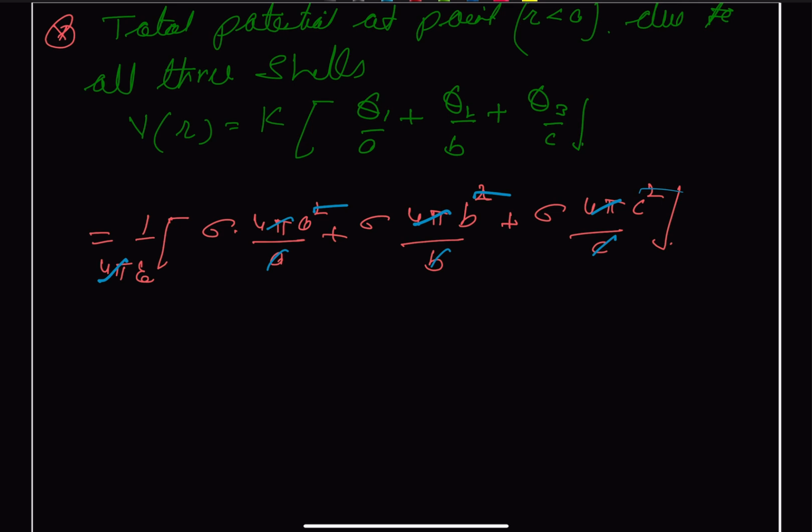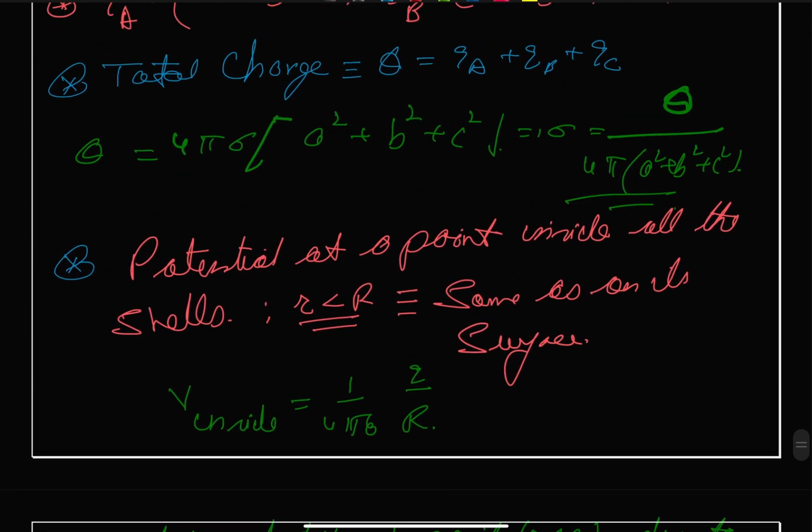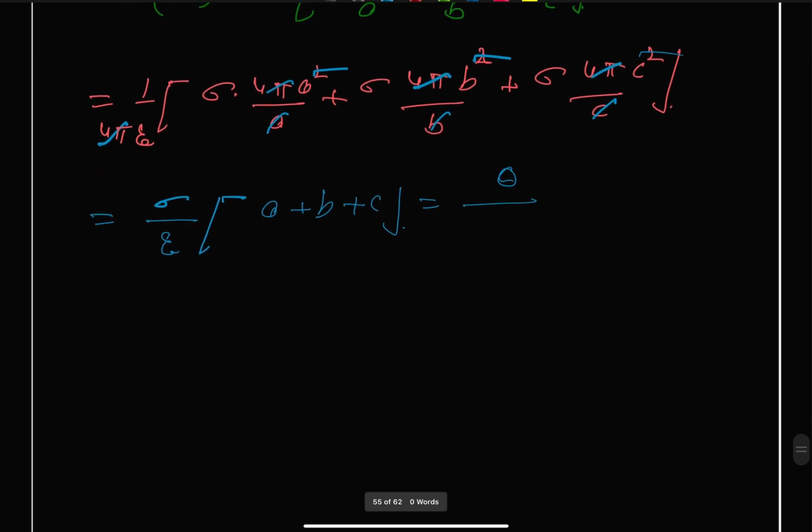So we are left with sigma upon epsilon naught times A plus B plus C. Sigma we just found out, so we substitute its value, and we get Q upon 4 pi epsilon naught times A plus B plus C divided by A square plus B square plus C square.